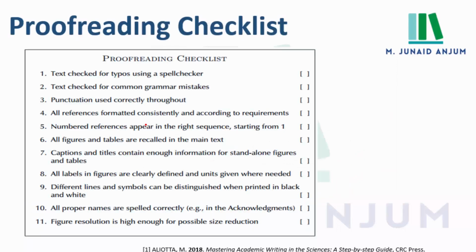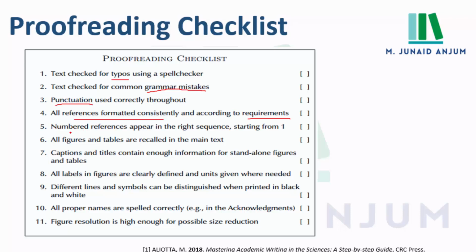Now at the end, I will let you know the proofreading checklist. What should you keep in mind when you are proofreading your article? First of all, you need to look for typos. The next thing, you need to consider grammatical mistakes, punctuation, and whether references are formatted consistently and according to requirements.